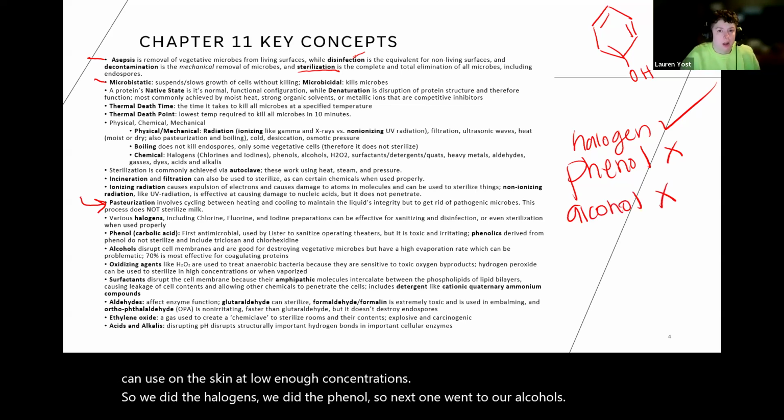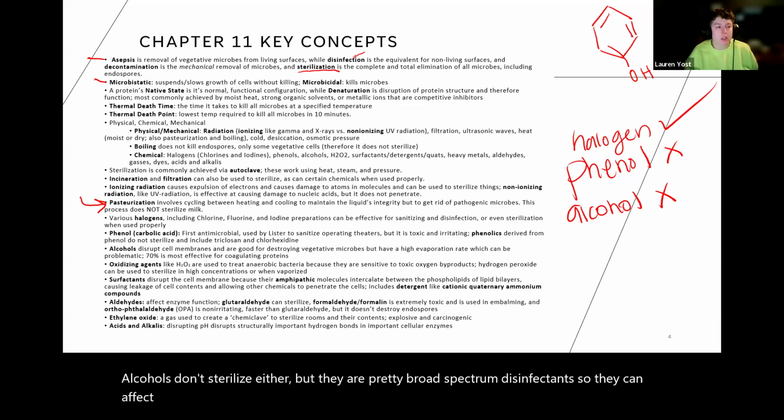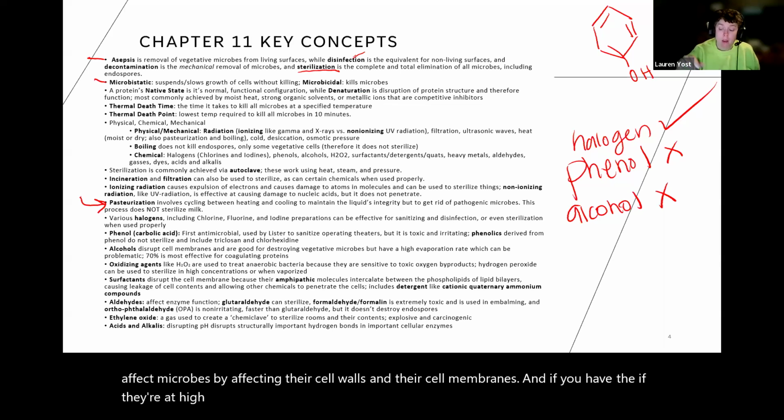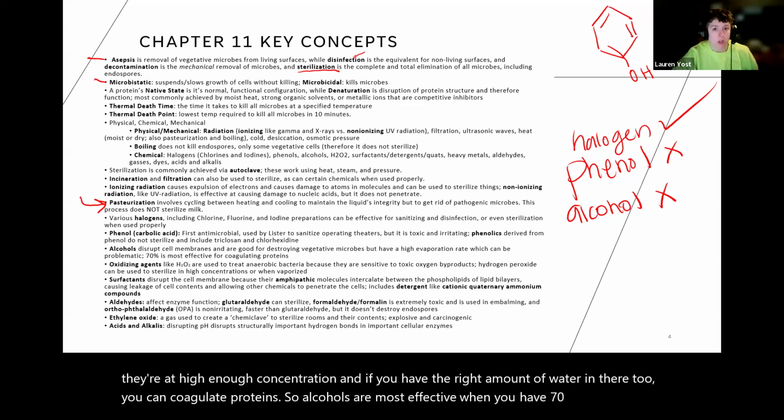Alcohols don't sterilize either, but they are pretty broad spectrum disinfectants. They can affect microbes by affecting their cell walls and their cell membranes. And if they're at high enough concentration, and if you have the right amount of water in there too, you can coagulate proteins. So alcohols are most effective when you have 70% alcohol and 30% water.